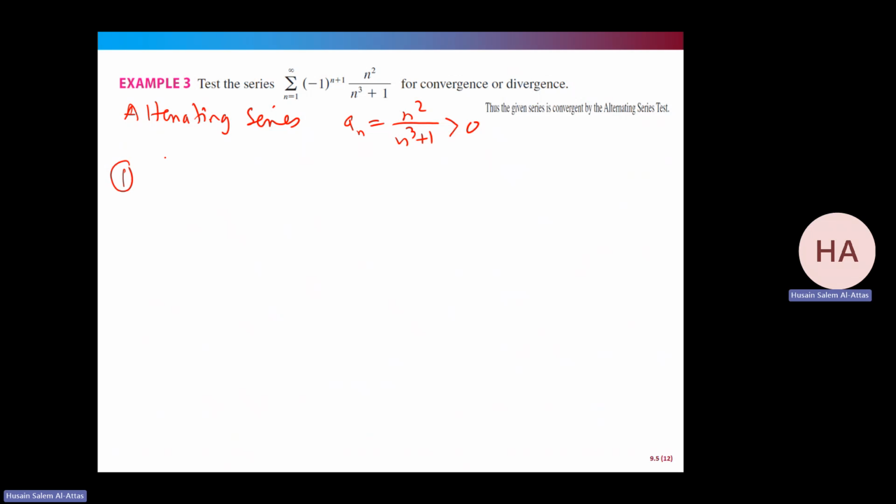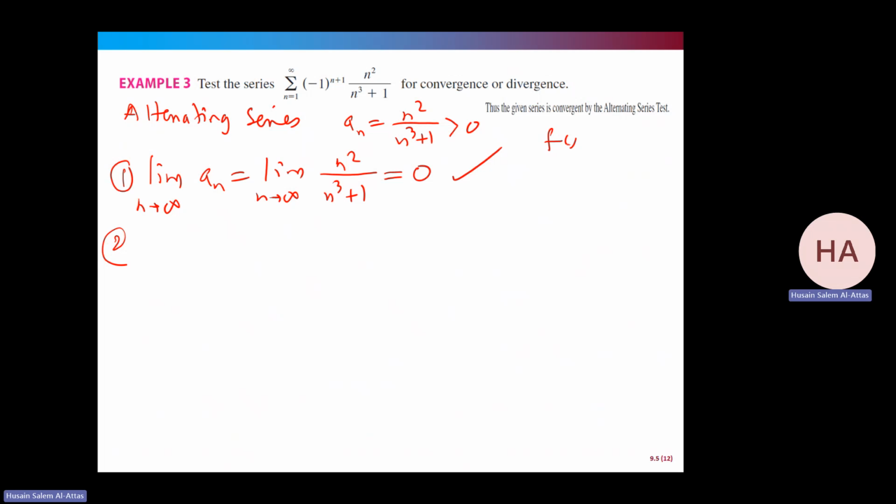First condition, limit as n goes to infinity of an, of n squared over n cubed plus 1. The degree of the numerator is less than the degree of the denominator. Right away, this will be 0. So first condition satisfied. Now we'll go to the second one.